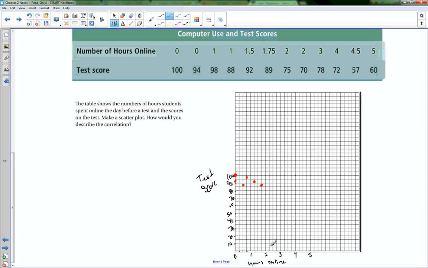I have one at 2 and 75. I have one at 2 and 70. One at 3 and 78. One at 4 and 72. One at 4.5, 57. So please make sure you guys are plotting along. And one at 5, 60.